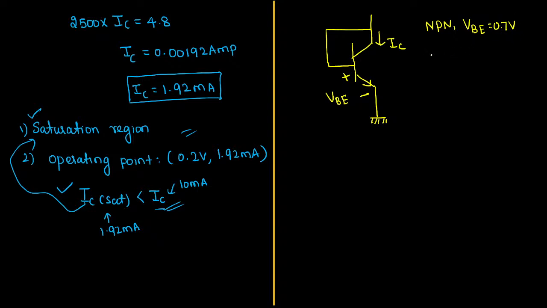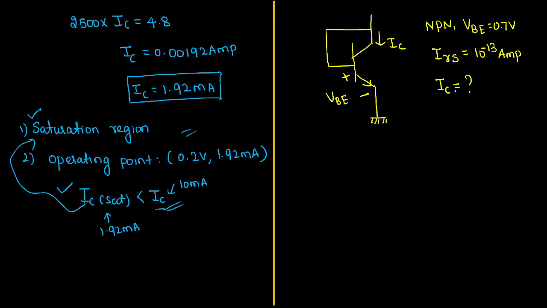and the reverse saturation current, I'm calling it the reverse saturation current, 10 power minus 13 ampere. So that is 0.1 nano ampere, right? Not nano, pico ampere. Then what is the value of collector current?